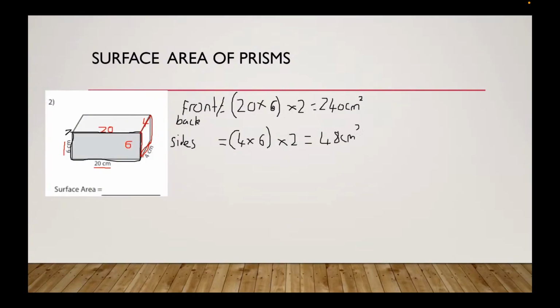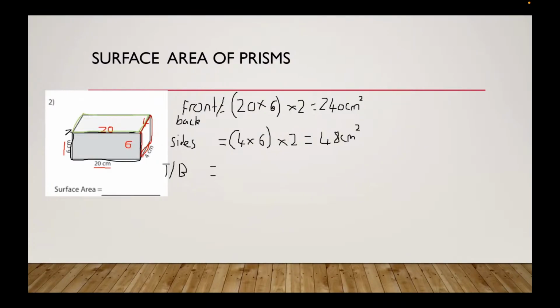We talked about the front and the back, we talked about the left and the right side. Now in green, I'm going to talk about the area of the top of the rectangular prism, as well as the area of the bottom. So we're going to say here T/B, that stands for top and bottom.